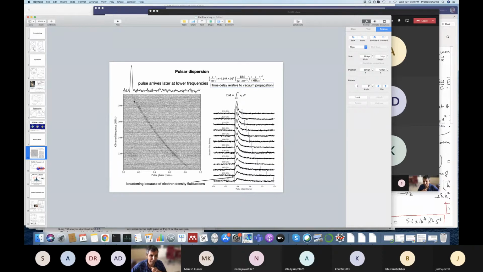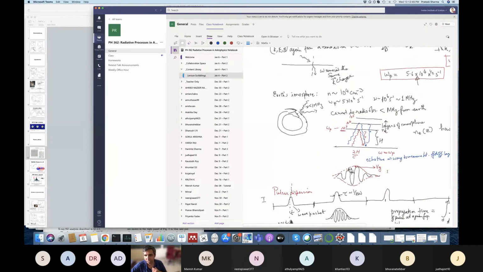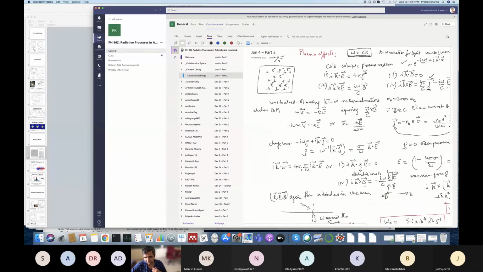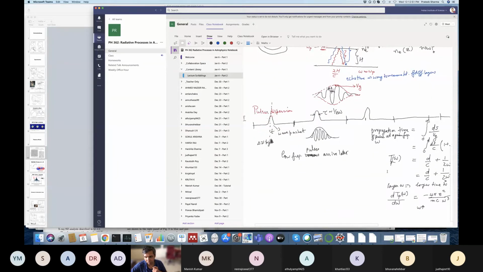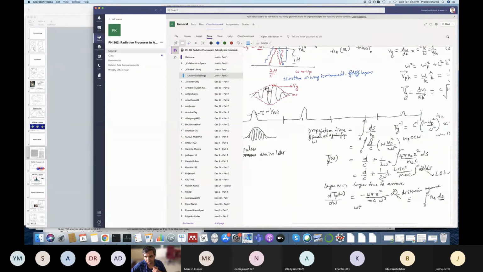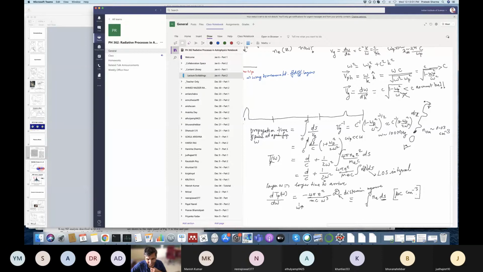So you can actually fit this nicely, and a useful way of doing it is, right, this is dT by d frequency, right? This is the slope. This is the formula that I derived last time in class.